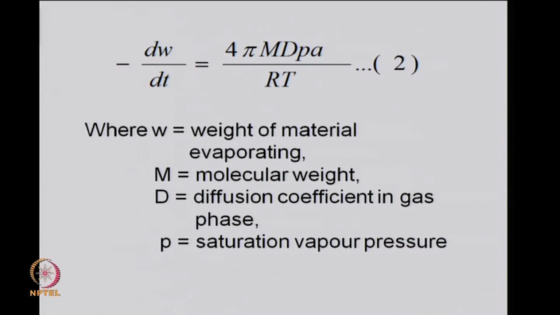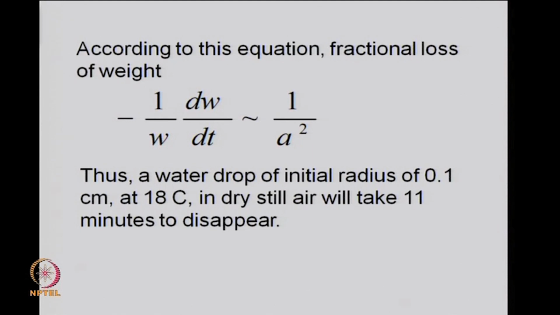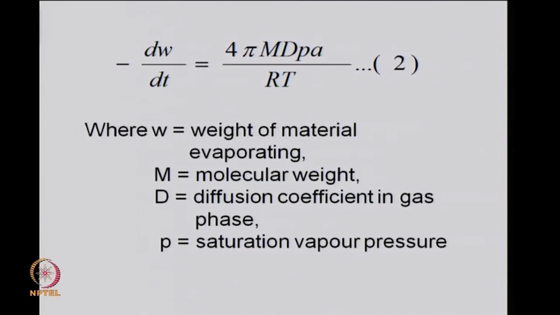I will leave that as part of your homework to think about. So, according to this, if we look at the fractional weight loss, we should be dividing the left hand side by W. Minus 1 by W dW by dt will then be proportional to the right hand side, which contains A, divided by a term containing A cube.